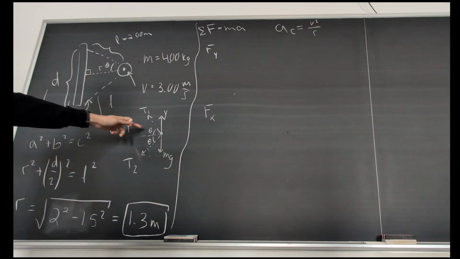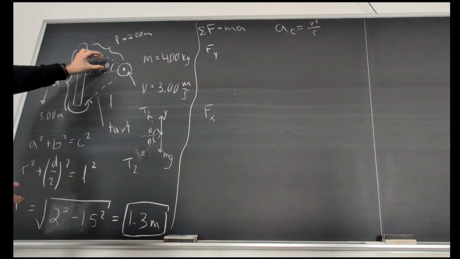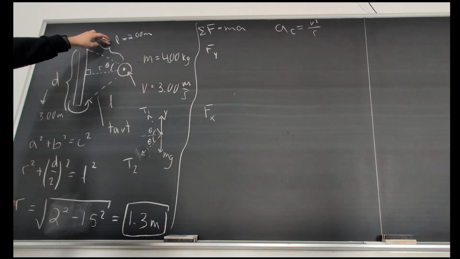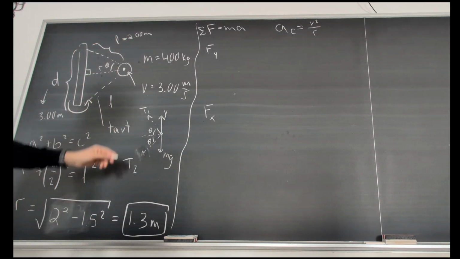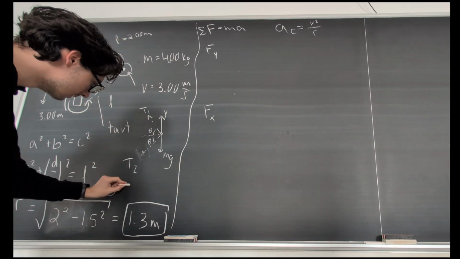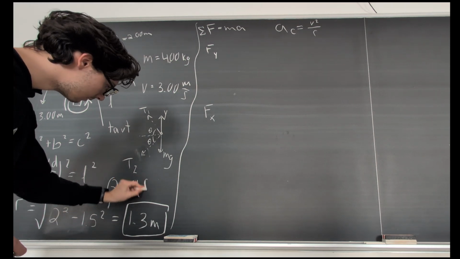I think I calculated this by doing, let's see, sine. Sine is opposite over hypotenuse. Here I have d over 2, d is 3 meters, so 1.5 meters divided by L. And the inverse sine gives me this theta as 48.6 degrees.